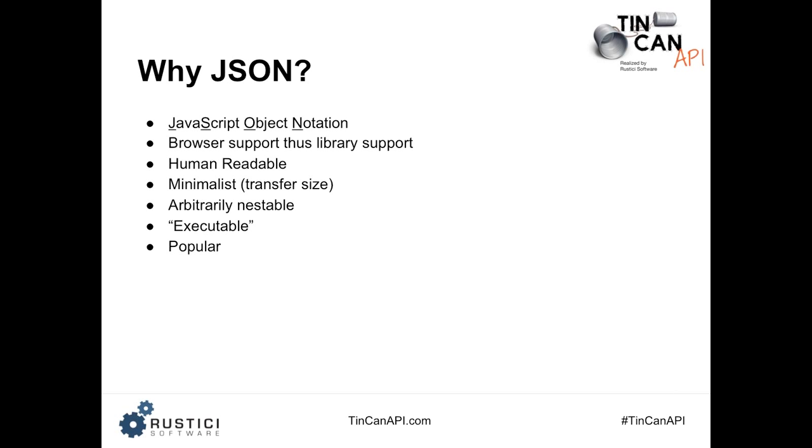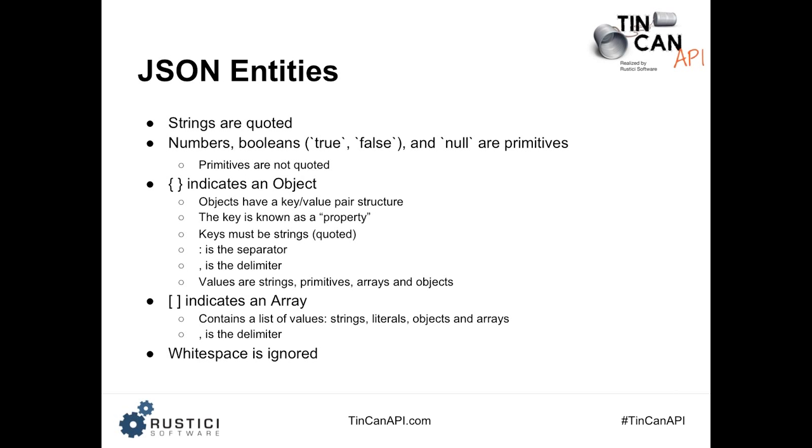It's executable or parsable because JSON itself is actually a subset of the JavaScript notation. It's very fast for parsing and can actually be executed by a browser. It's become incredibly popular. There are a lot of APIs out there in the greater web world that are switching to become either JSON friendly or JSON only.